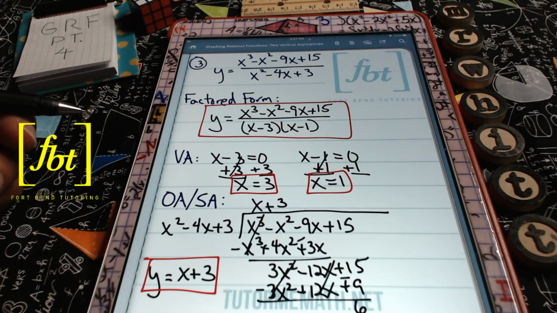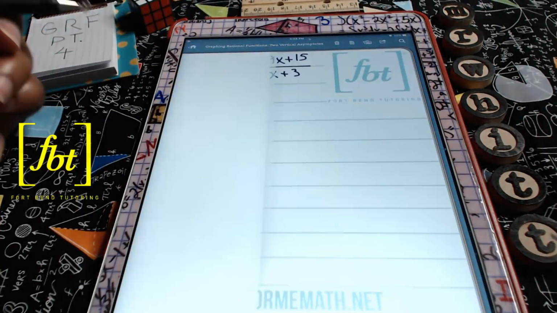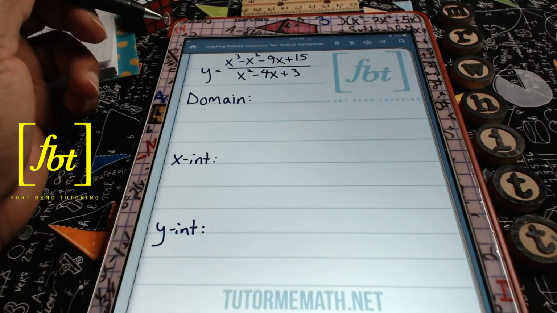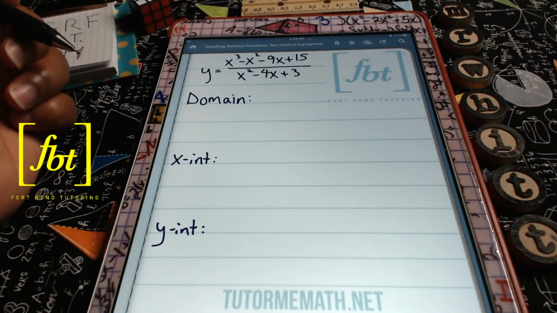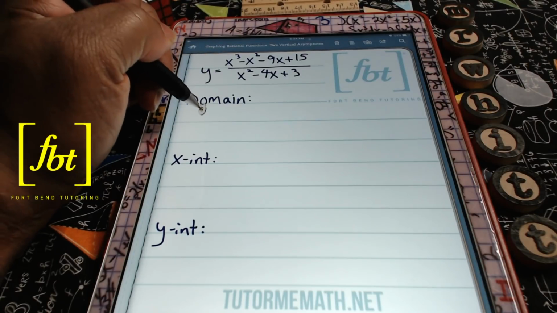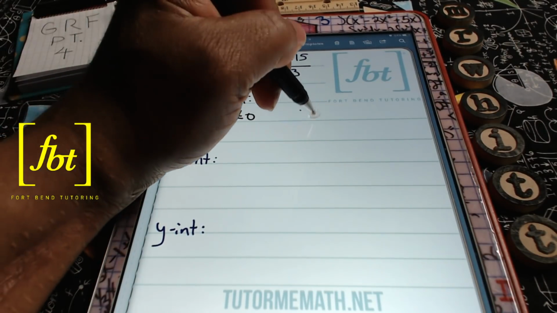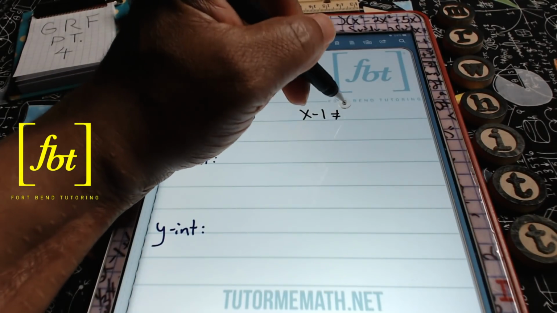Next up, moving on to our domain, we'll need to ensure that the denominator does not equal 0. So the way we can do that is by making sure that our x minus 3 does not equal 0, and the factor x minus 1 doesn't equal 0 either.